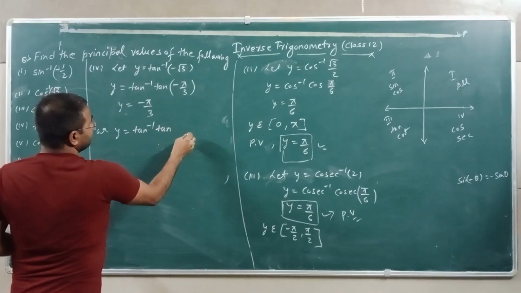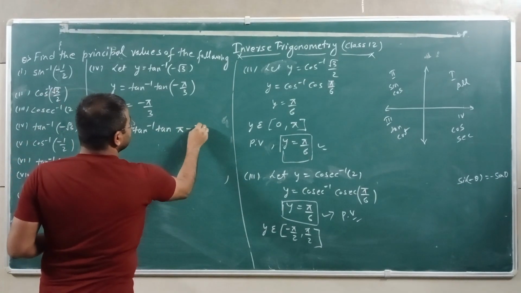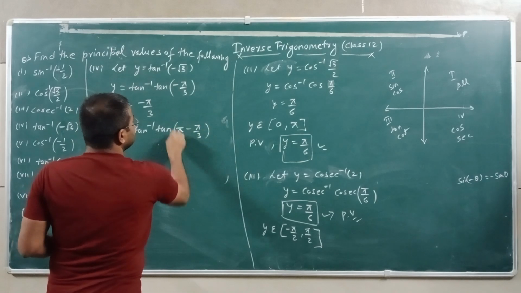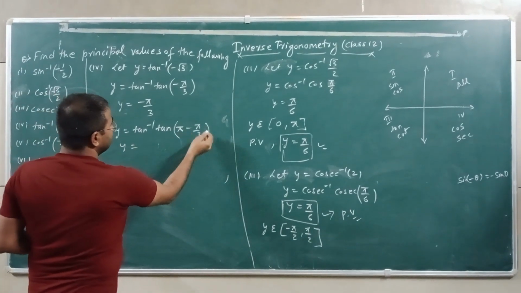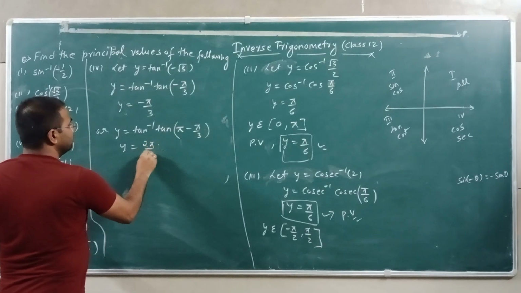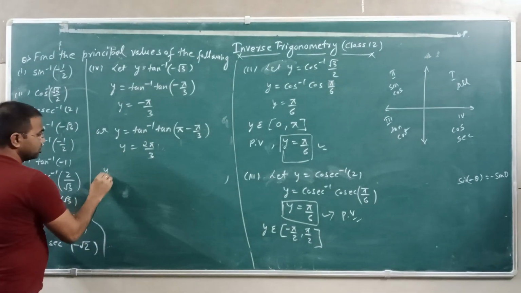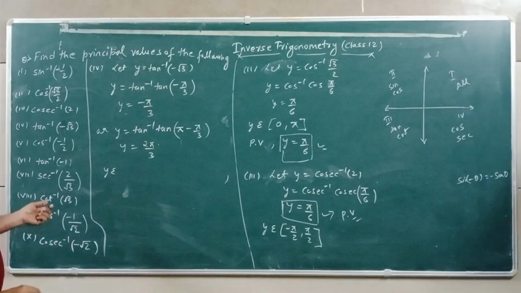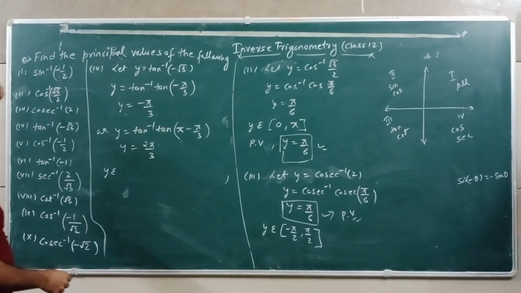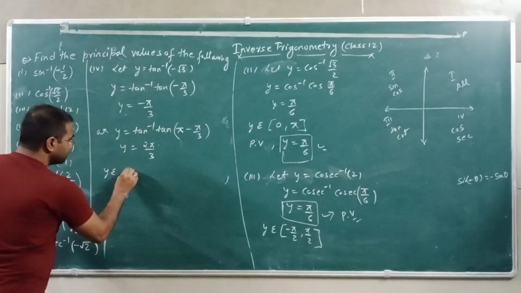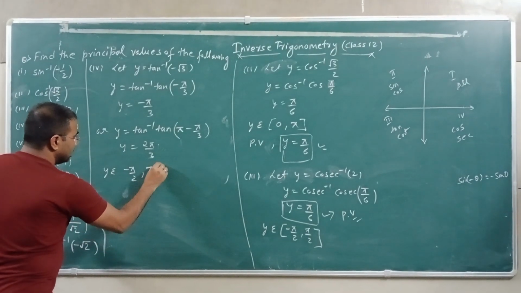or you can write y is equal to tan inverse tan. Second quadrant means pi minus pi upon 3. Then y you will get 2 pi upon 3. Okay, so see here, the range of y: y belongs to, see tan ratio is sine upon cos, so we will take the sine range, between minus pi upon 2 and pi upon 2.